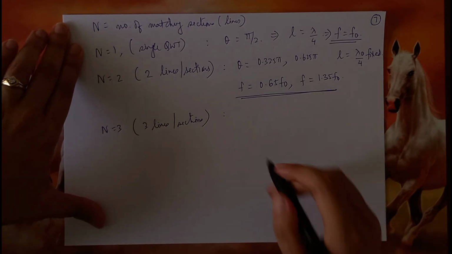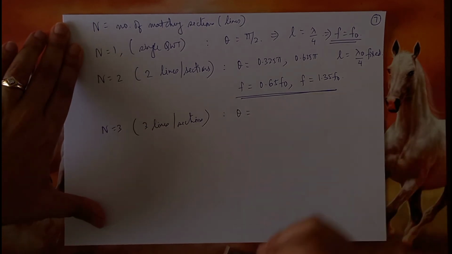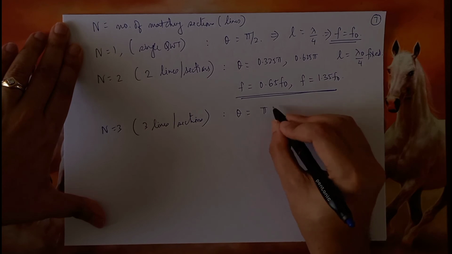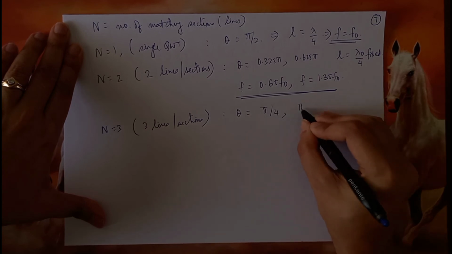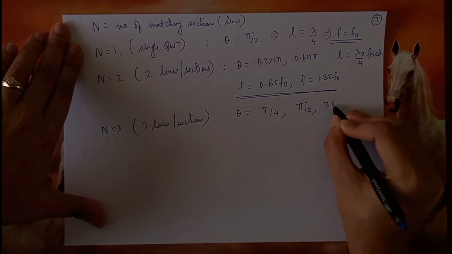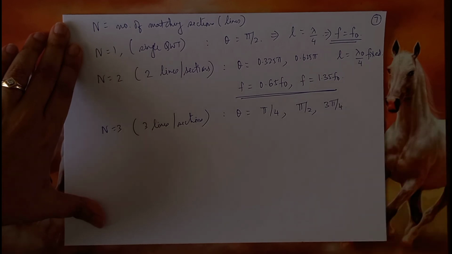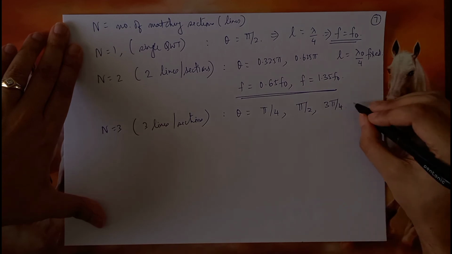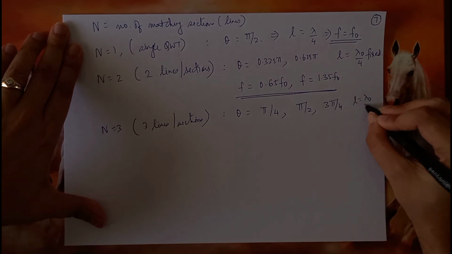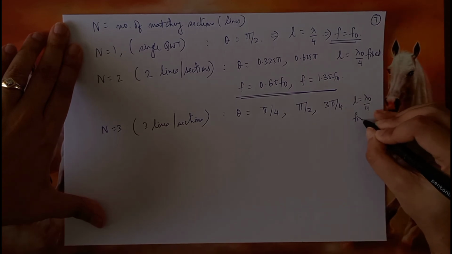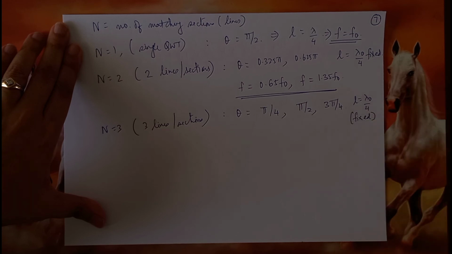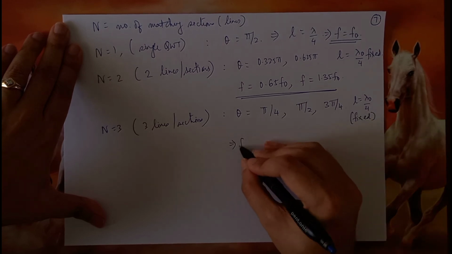Next, for n equal to 3, that is 3 lines or sections, what you see is what we derived, that is for theta, 3 values: pi by 4, pi by 2 and 3 pi by 4. So this is again if we fix L as lambda 0 by 4, that means the minima frequencies will now be what?